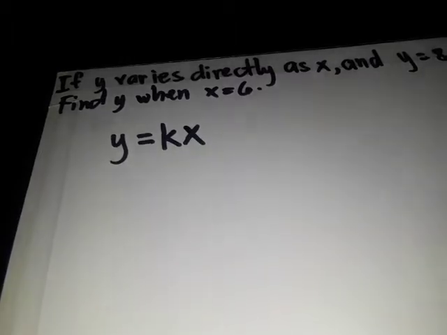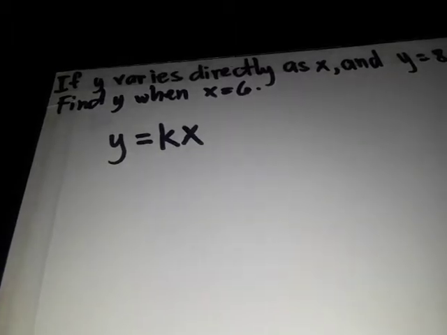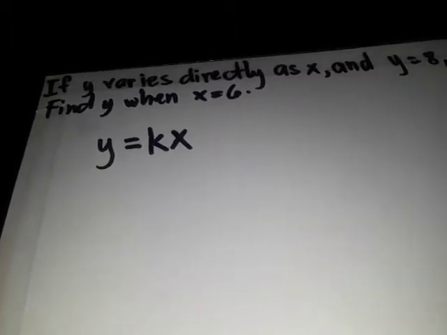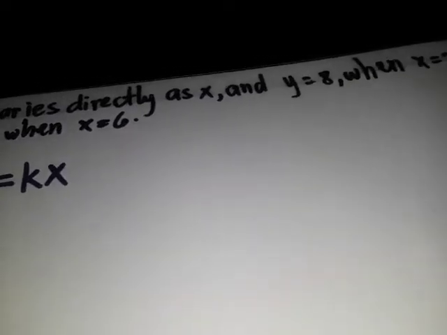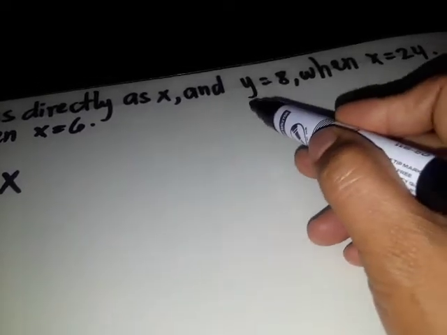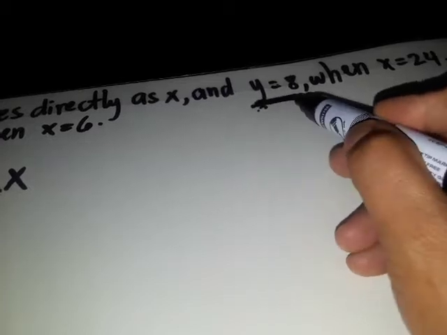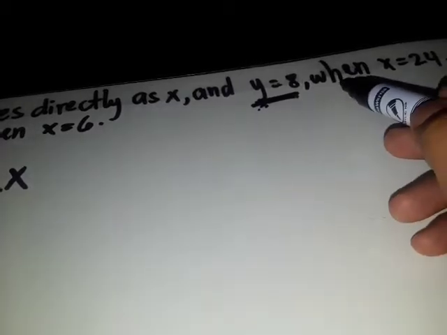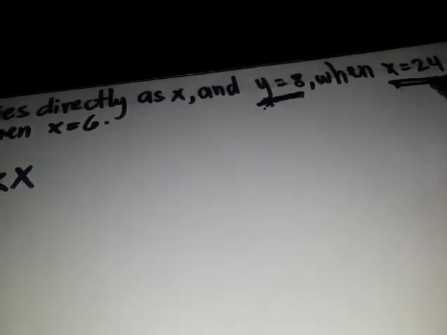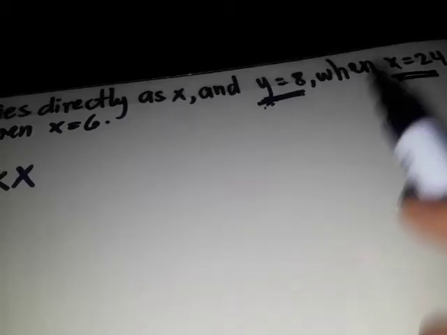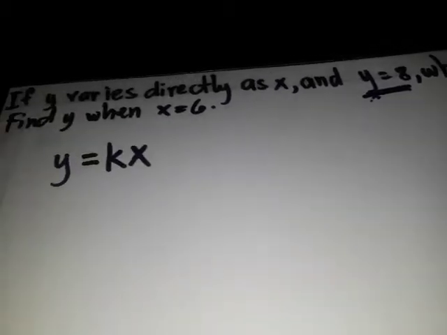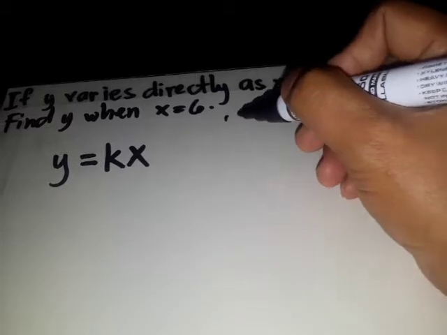By how? Gamitin muna natin yung first two given here. So we have y is equal to 8 and x is equal to 24. So, i-substitute lang muna natin yan sa ating ginawang equation. So, isulat natin ang mga given.